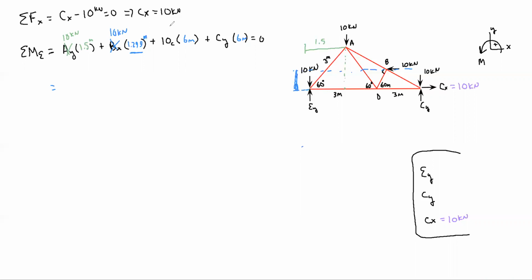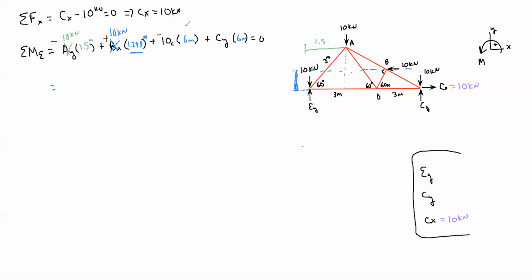All right, now we're going to go get our rotations. So if we're rotating about point E and we're pushing down at A, that's clockwise, so that's negative. At point B, that's going to cause counterclockwise, which is positive. At point C, clockwise, which is negative.